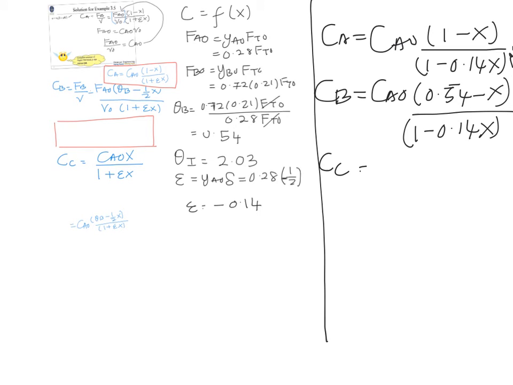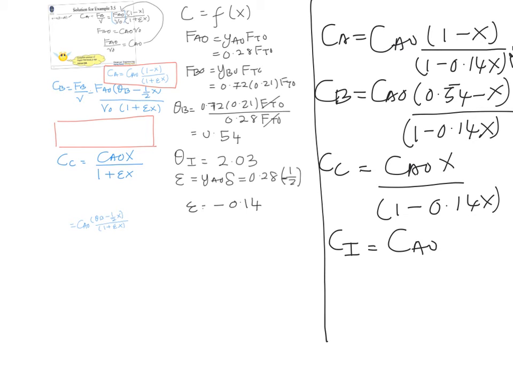CC equals CA0 X divided by 1 minus 0.14X, and your CI will be equal to CA0 times 2.03 divided by 1 minus 0.14X.